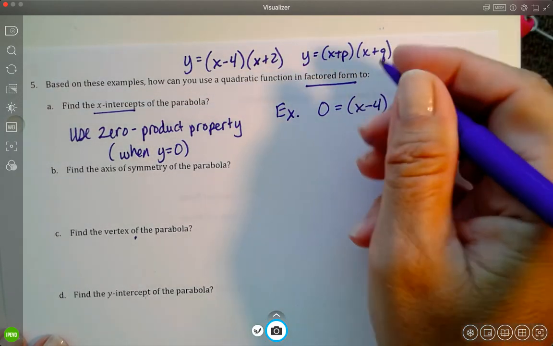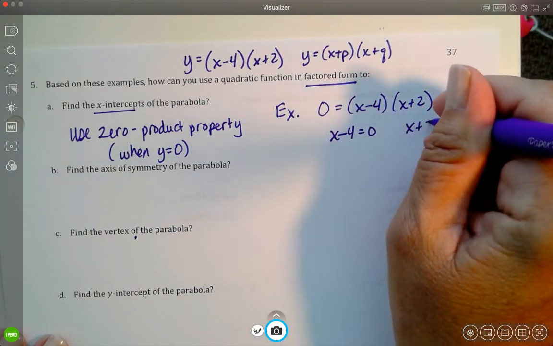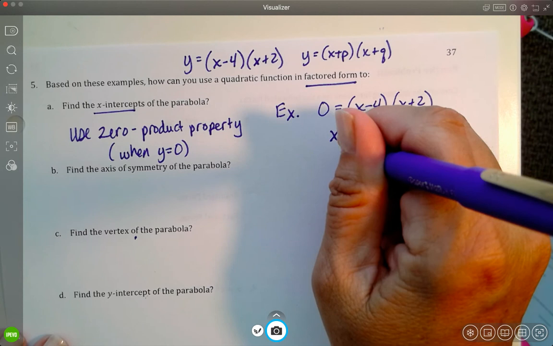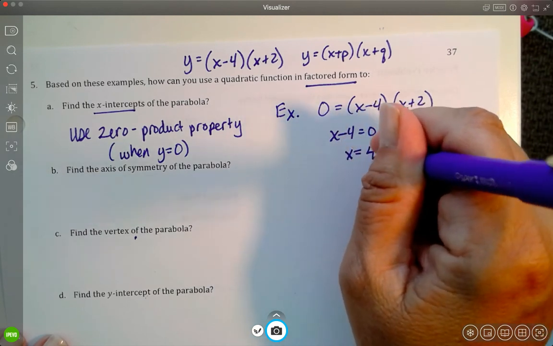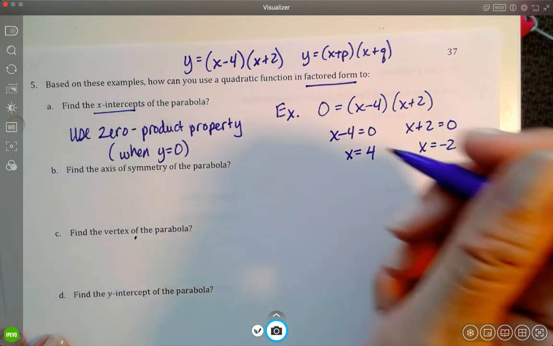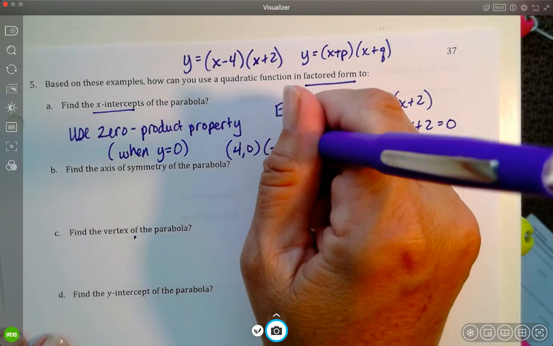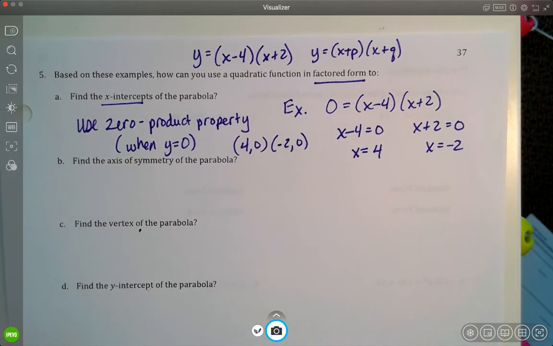And use either x minus 4 equals 0 or x plus 2 equals 0. So x equals 4, x equals negative 2. And my x-intercepts would be 4, 0 and negative 2, 0. So that's how I can find the x-intercepts from factored form.